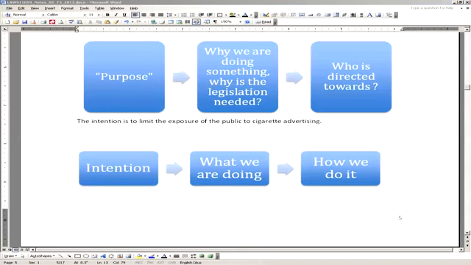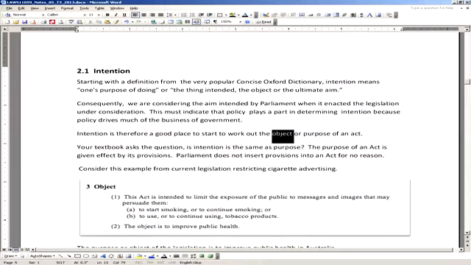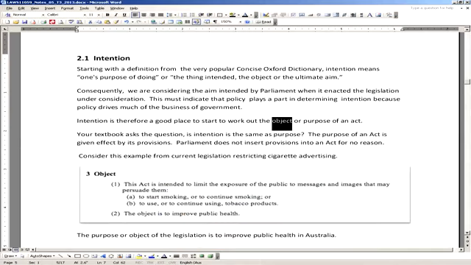I think the key thing is that when they're mentioning purpose and intention, they're always drawing back to objects. And in section 15AA of the Commonwealth Acts Interpretation Act, from recollection, it mentions purpose and object as one. Yes. And the Queensland one does it as well. And I can't recall whether the word intention is in there as well, but they're blending them.